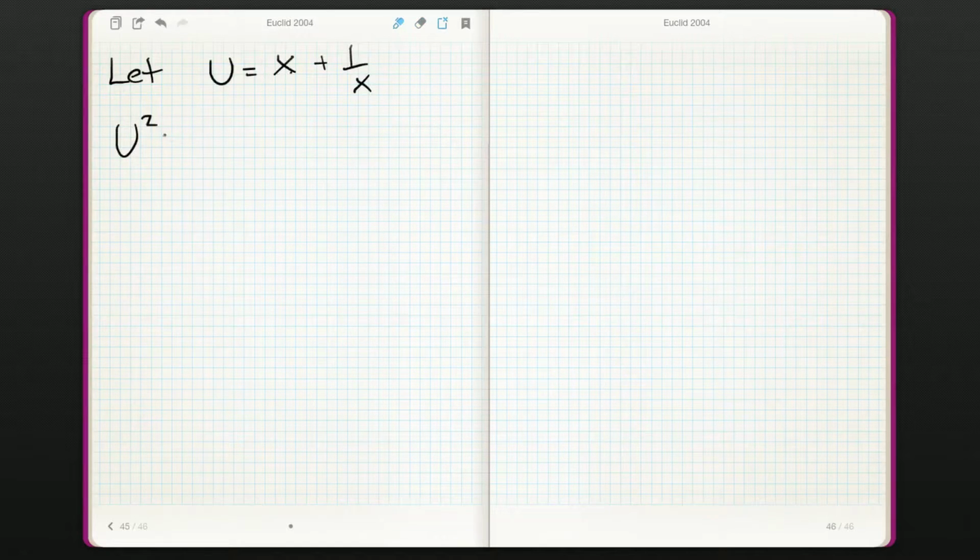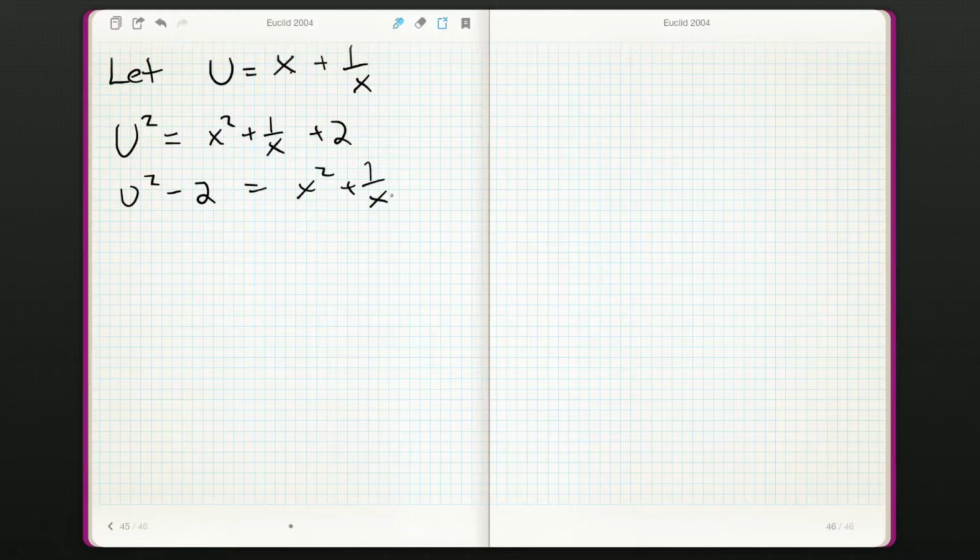All right, so u squared is x squared plus 1 over x squared plus 2. So u squared minus 2 is x squared plus 1 over x squared. And then we made the observation u cubed minus 3u was equal to 2 root 5.